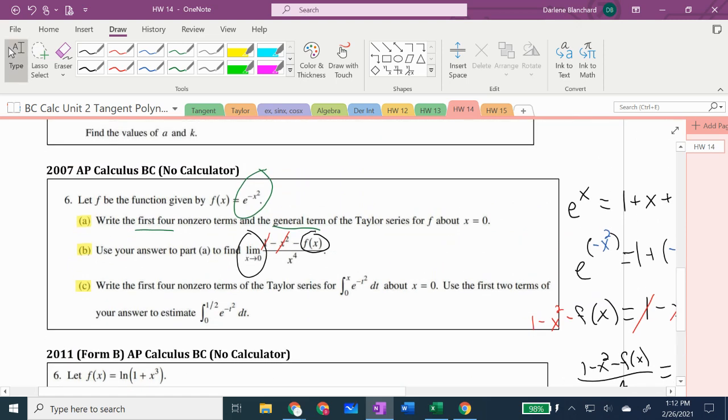Then for 2007, letter C, we are going to take the function that we had gotten in part A, and for the sake of being able to solve a definite integral that involves the variable x as a limit, I need to use a t variable instead of the x variable that I'm using for f of x.